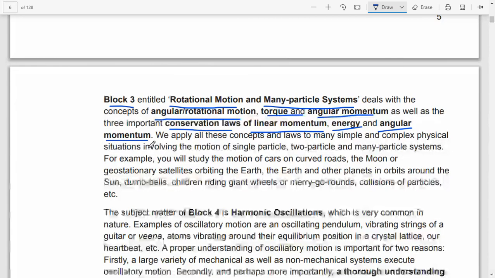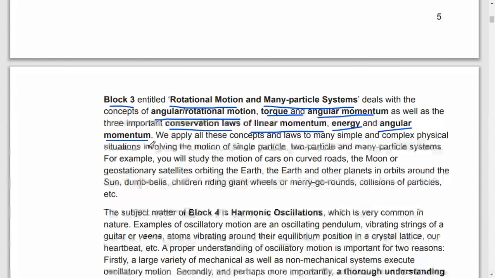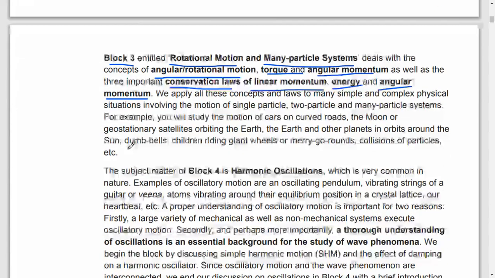We apply all these concepts and laws to many simple and complex physical situations involving the motion of single particle, two particle, and many particle systems. For example, you will study the motion of cars on curved roads, the moon or a geostationary satellite orbiting the Earth and other planets in orbits around the sun, dumbbells, children riding giant wheels or merry-go-rounds, collisions of particles, etc.